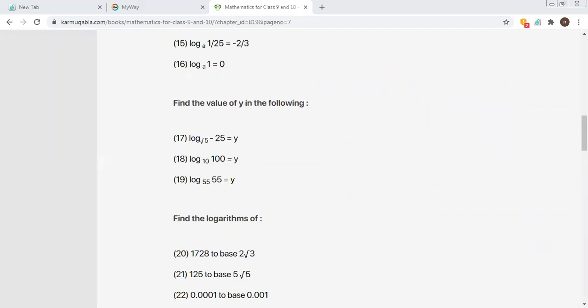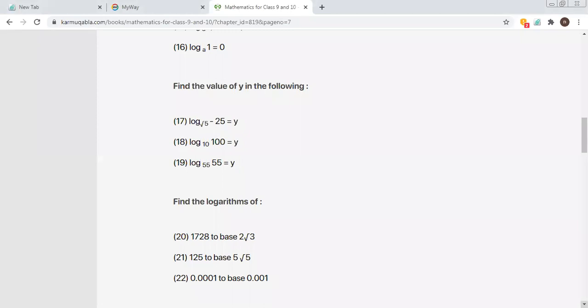Question number 20 is quite different, in which you have been given: find the logarithm of 1728 to the base 2 root 3. First we write the logarithm form, then we will convert into the exponent form, then we will simplify it.